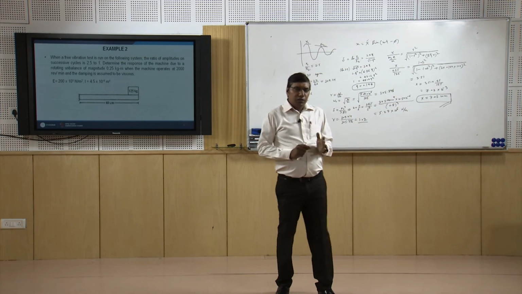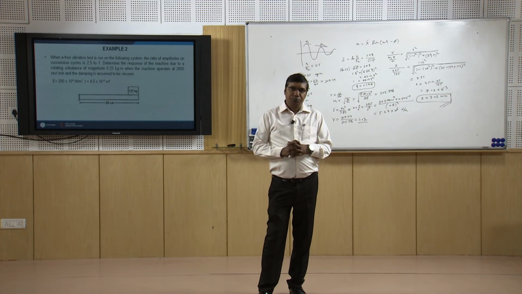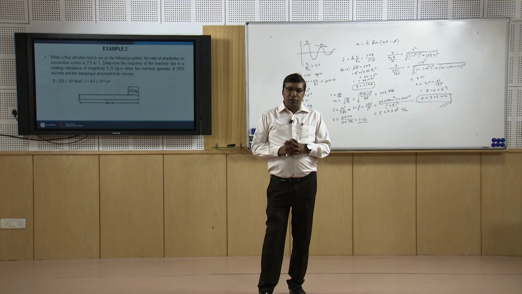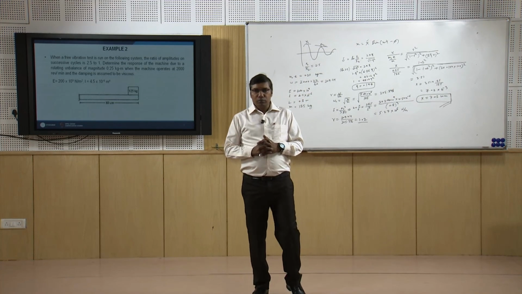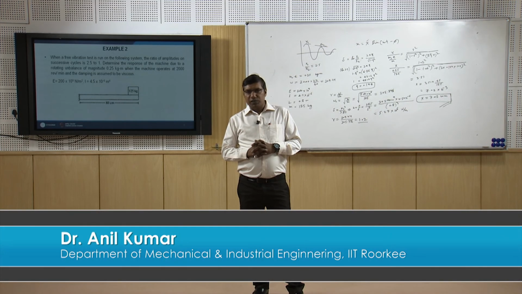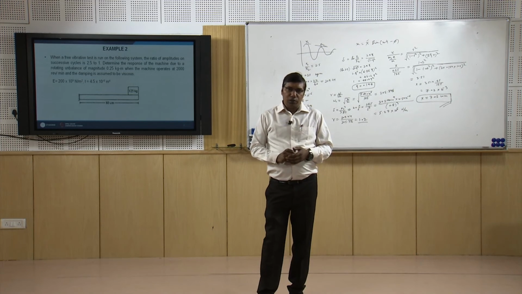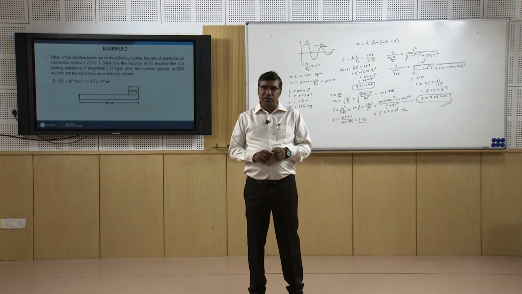Okay, so I think with these examples we understand how to identify and apply the theory of rotating unbalance in the system and find the vibration response amplitude of the system. So thank you for attending this lecture, and let's see you in some next lectures. Thank you.